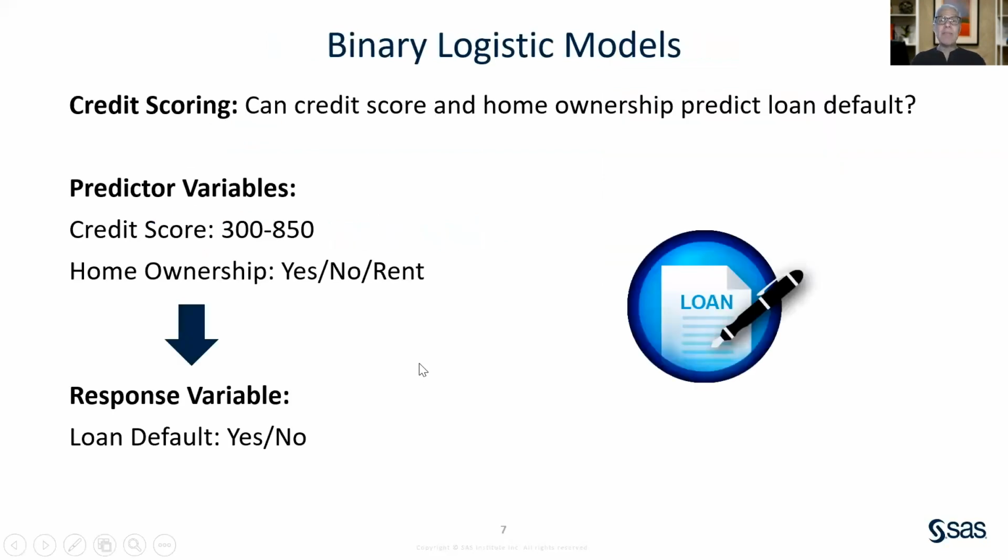We're actually not going to be performing a typical regression where we would be making a prediction on a continuous target. For example, maybe we're trying to predict how much a customer was going to spend. What we're going to focus in on is a binary logistic regression. And I have an example here where we're asking ourselves the question, hey, can we use both credit score and home ownership to help us make a prediction about whether somebody is going to default on a loan or not?